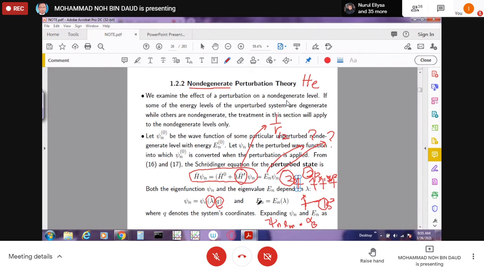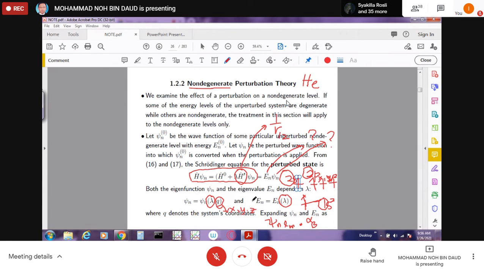And this energy depends only on this parameter, because this energy is only a value, the eigenvalue. So on this side, you will write this in terms of coordinates Q, in Cartesian coordinates, whether in 1 dimension, 2 dimensions or 3 dimensions.